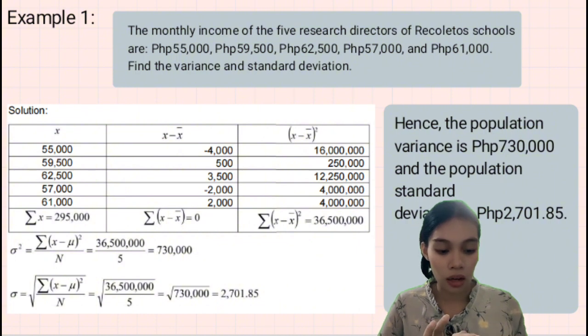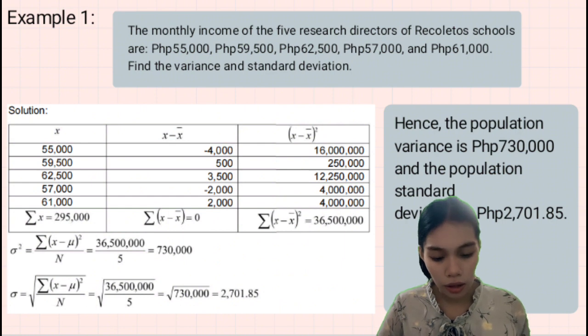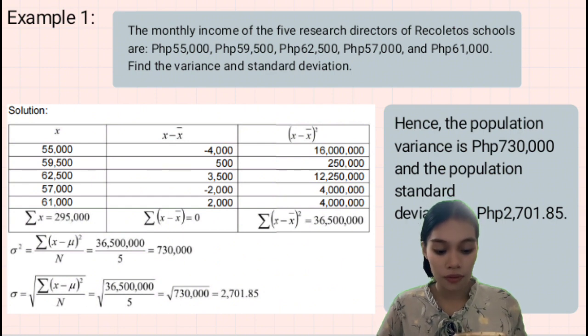I have to use my calculator. 55,000 plus 59,500 plus 62,500 plus 57,000, and our last is 61,000. Oh, sorry, 61,000.